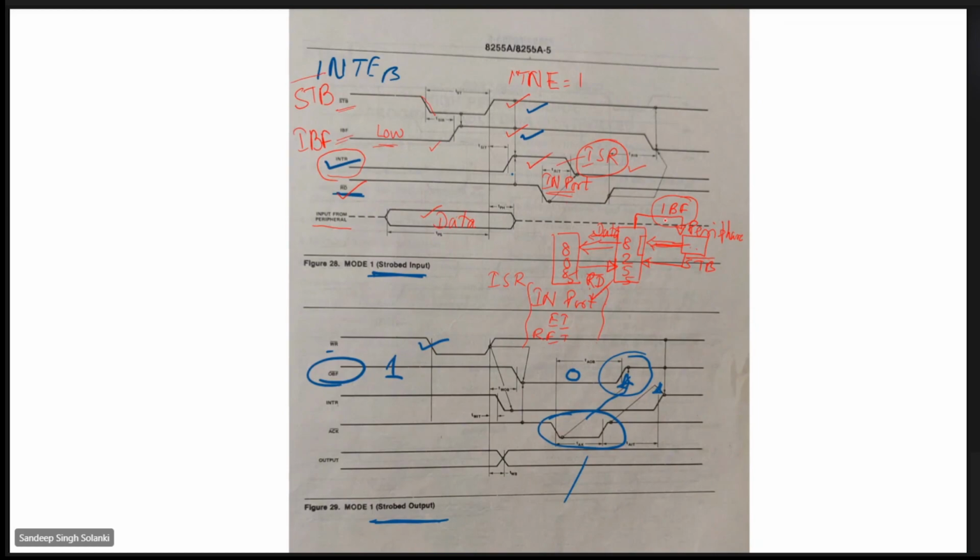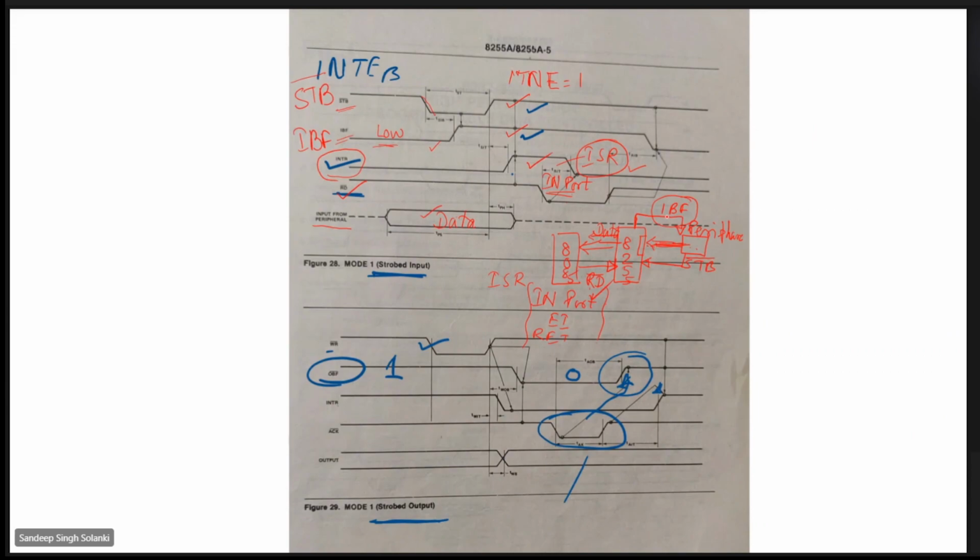When the peripheral finds that IBF is low, it generates the strobe, and along with the strobe, the data is also sent. Once it has been sent, IBF goes high. It means once the port receives the data from the peripheral, IBF goes high automatically.